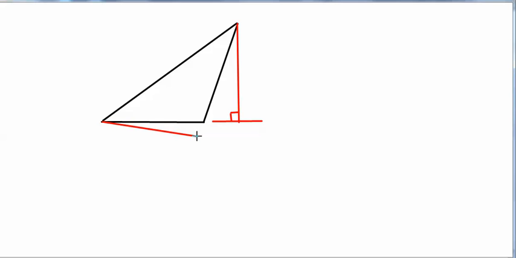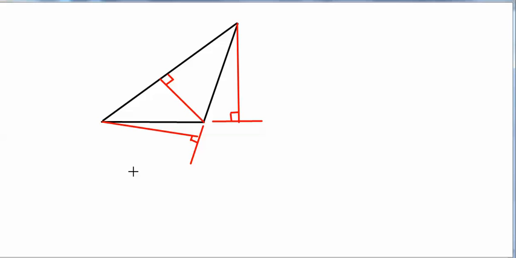Probably about there. This side extended at 90 degrees. And now vertex to an opposite side intersects at 90, right about there.